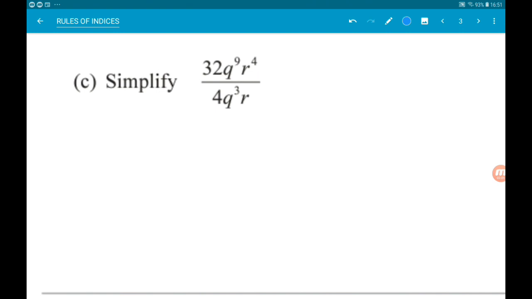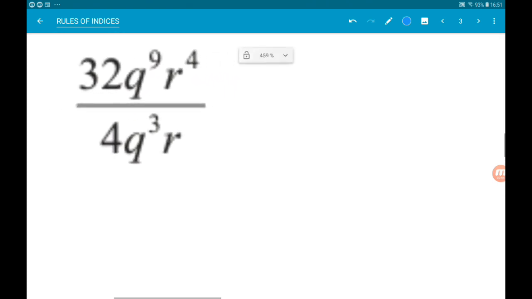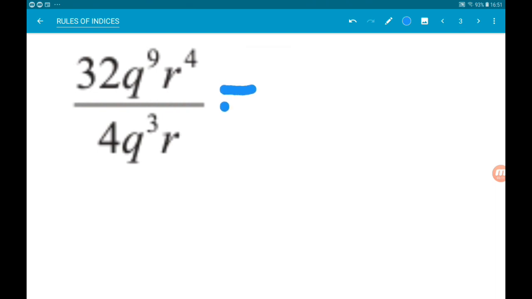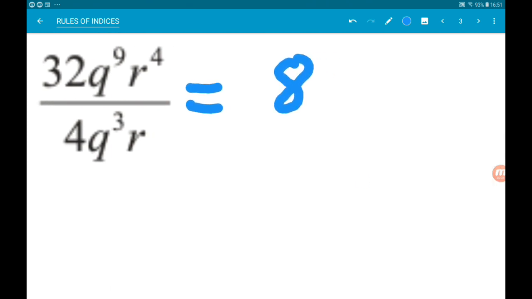So, we just work through from left to right. So, first of all, we're going to do 32 divided by 4. That is 8. Next, we have q to the 9 divided by q to the 3. That's q to the 6.